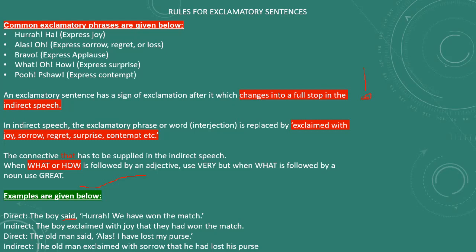I is the first person pronoun, so it will change according to the old man, that he had lost his purse. I have lost will change into had lost. Few basic concepts I have already explained in my first video, that is narration, reported speech, and transformation of assertive sentences. So the basic rules will remain the same, my dear children. You need to keep in mind how you are going to change exclamatory words and exclamatory sentences.